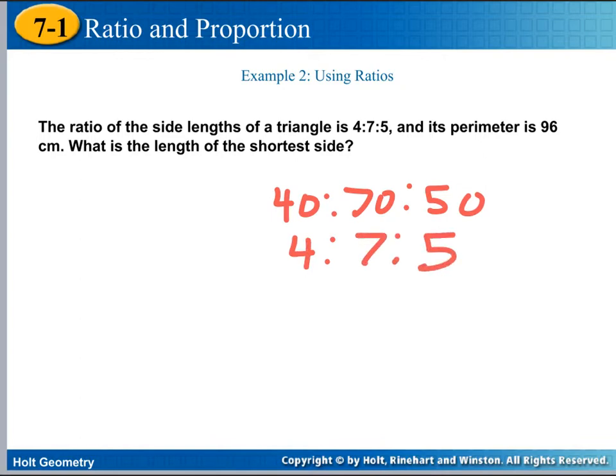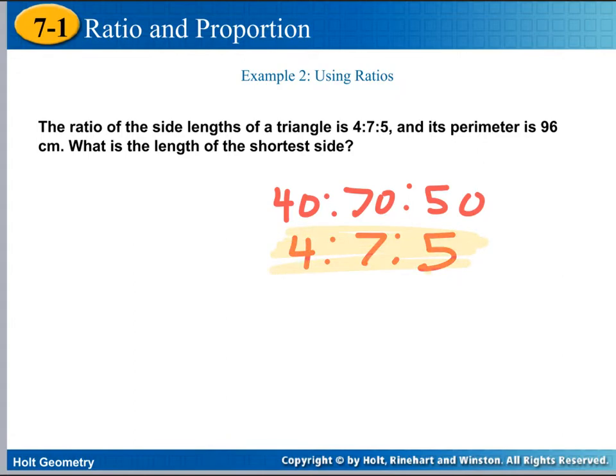And notice that each number is multiplied or divided by the same value in the ratio. So when I tell you the ratio is 4 to 7 to 5, it really doesn't tell me the values of the actual side lengths. I just know they're in that proportion.